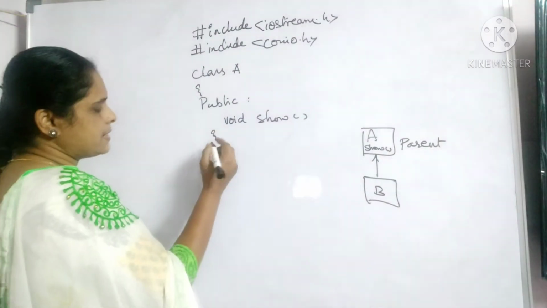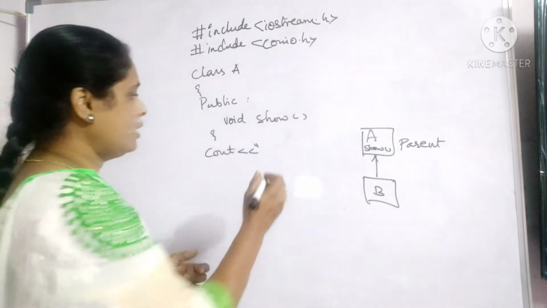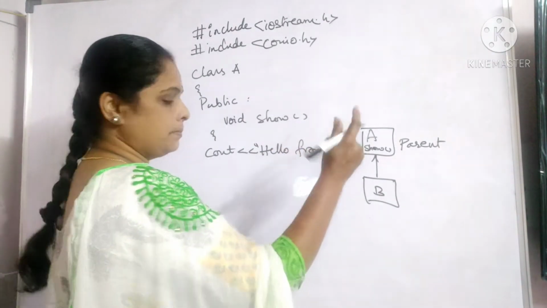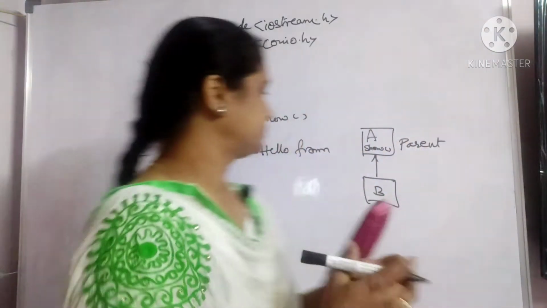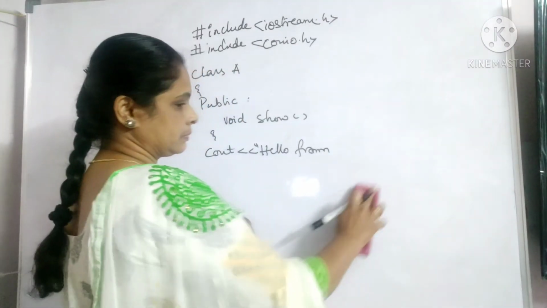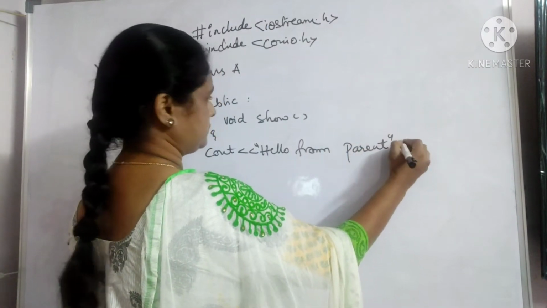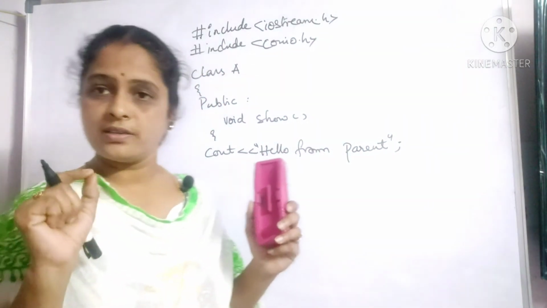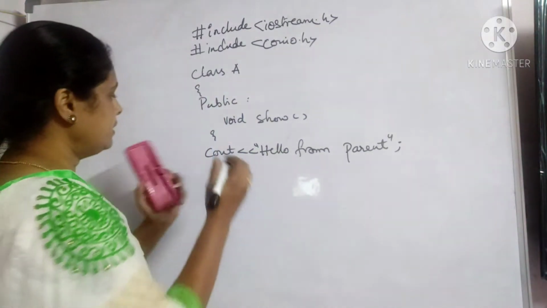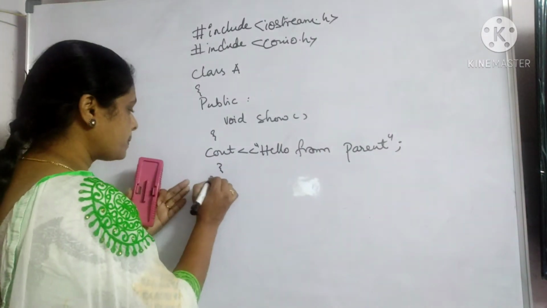Let us think that it is going to display a simple message like "Hello from parent". So whenever the show method is called, it will simply display hello from parent. Now this method is over.